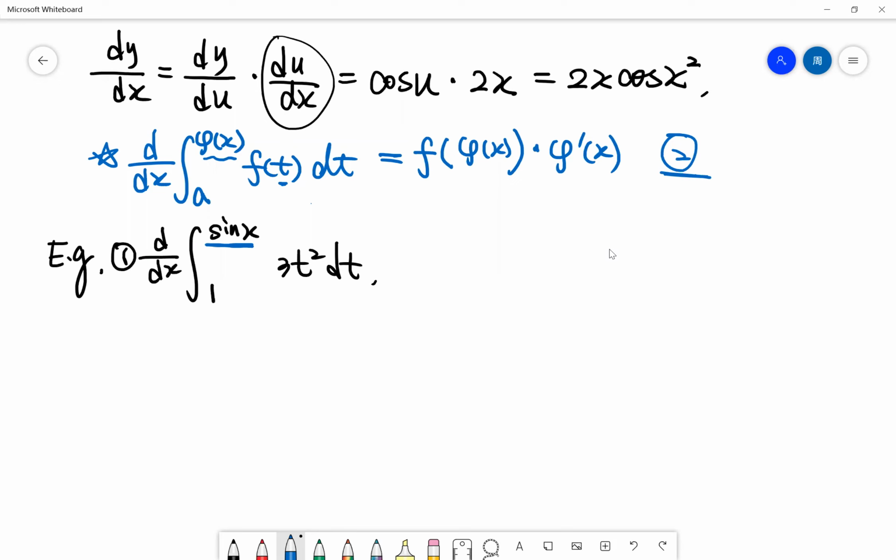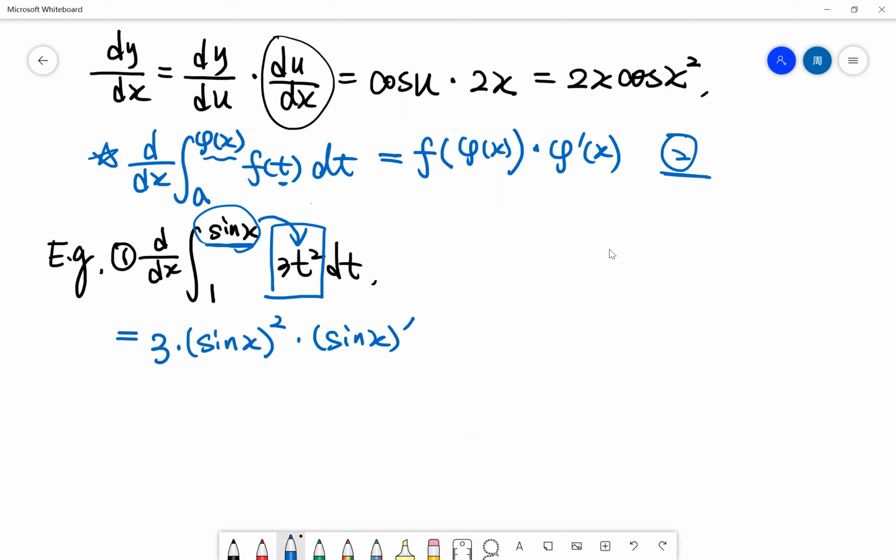So here the first step: you find the integrand, 3t squared. Then you put this function in for t, so that equals 3 times (sine x) squared, the outside squared, and then times the derivative of this function, sine x prime.